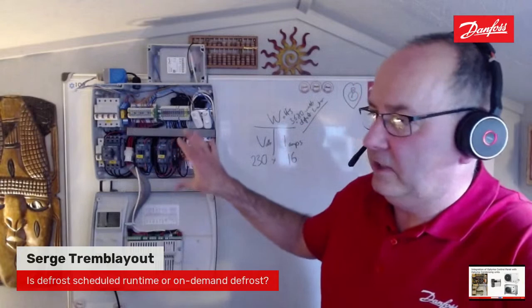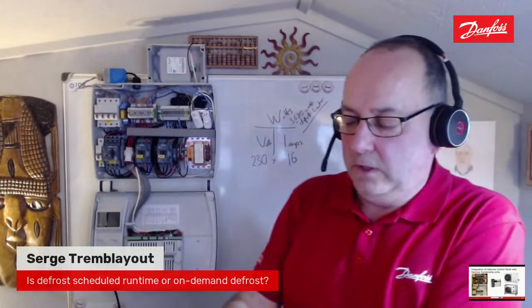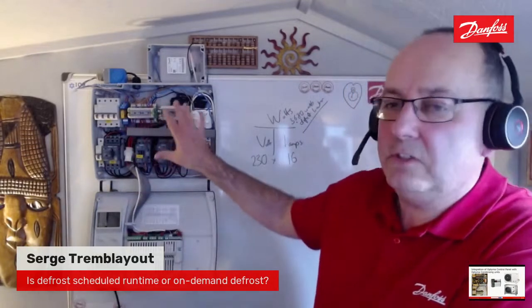Defrost on demand is a very interesting word, and within this, I wouldn't call it a defrost on demand. It is more like it will add time between the defrosts if the temperature of the evaporator is okay. That's the best way to explain it on this.